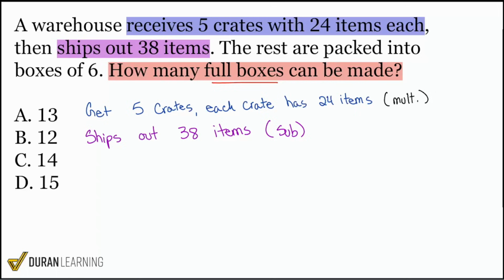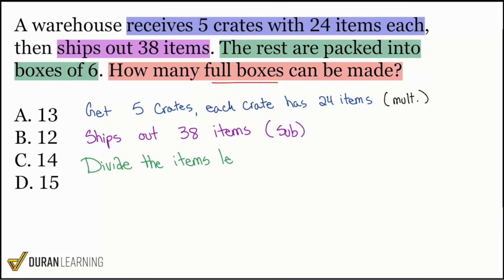And we all know that when we're making groups out of a total, that's division. So proudly, we can highlight this in green: the rest are packed into boxes of 6. We will divide the items left by 6.